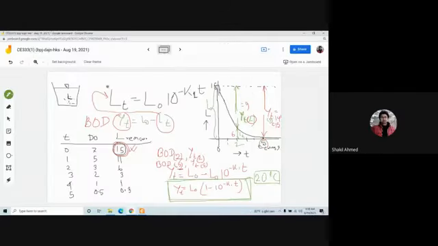So you have to remember that this LT is the BOD remaining, and this is the BOD consumed. We do not want to know the remaining; usually we want to know the BOD consumed.